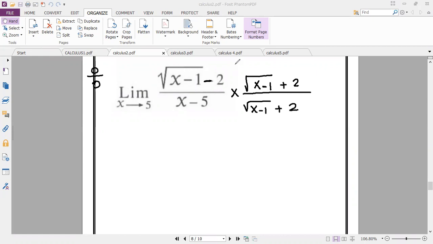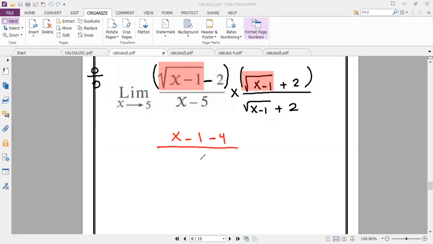Okay? So multiplying them here, deal with them as the sum of two terms multiplied by the difference between them. Square root of x minus 1 multiplied by square root of x minus 1 is going to be what? x minus 1. And multiplying the second by the second, negative 2 multiplied by 2 is negative 4.